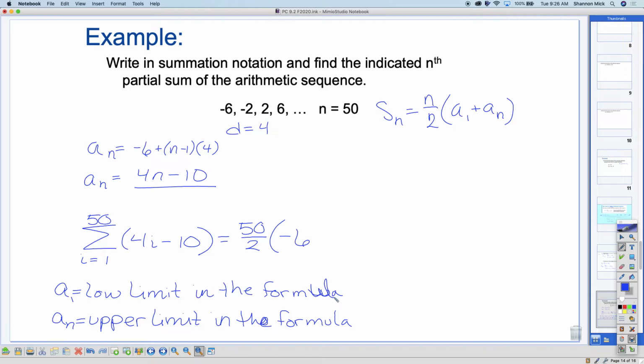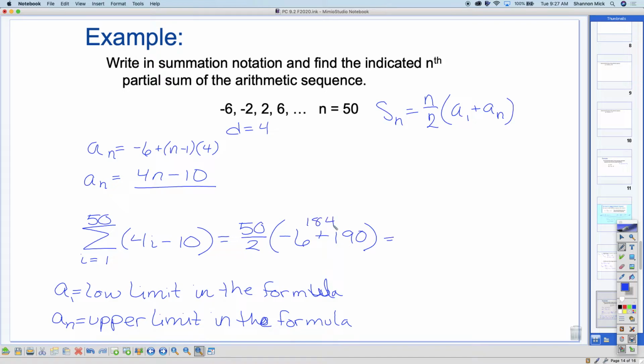Okay, so if I plug in 50, 50 times 4 is 200. 200 minus 10, 190. I'm not going to divide 50 by 2, because I think it would be easier to divide this by 2. So this would be 184, right?